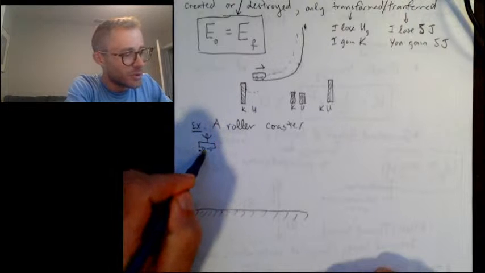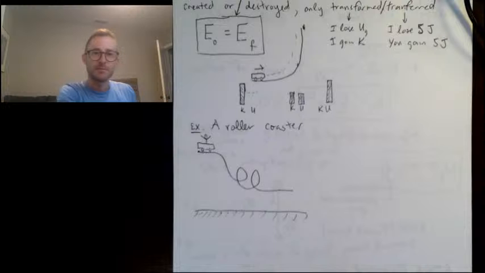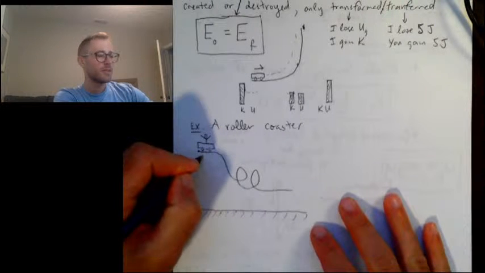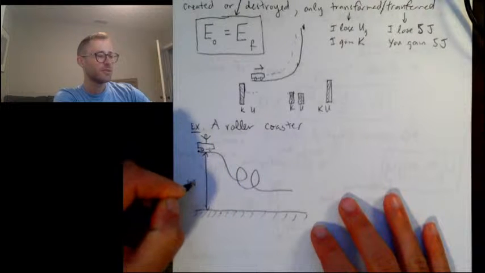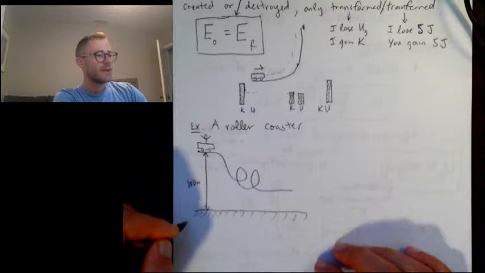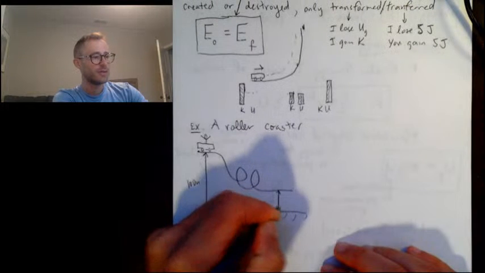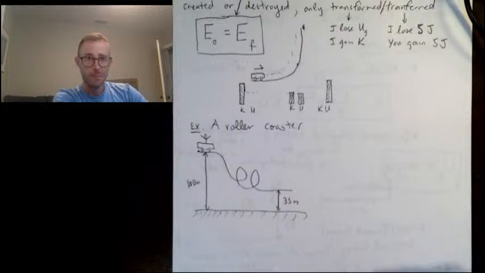So here's the roller coaster. It goes wee, woo, woo, woo, like that. Okay? So the roller coaster cart begins at an elevation of 100 meters. And down here, it has an elevation of 35 meters. Okay?